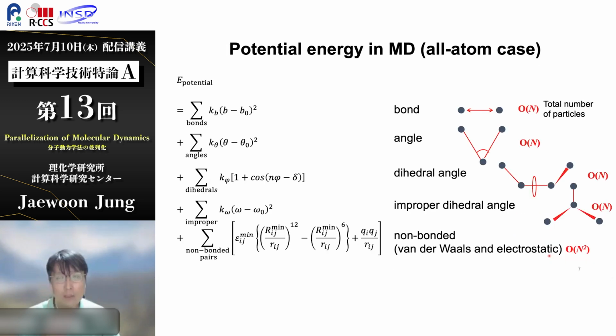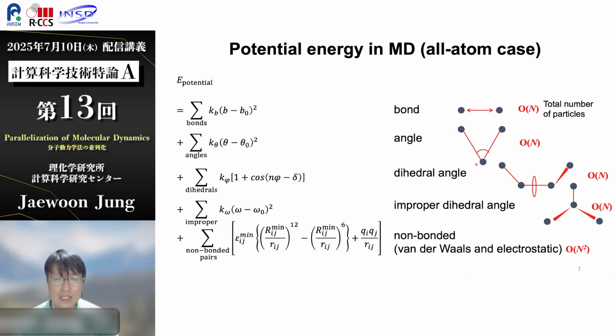In all-atom MD, the potential energy consists of bond, angle, dihedral angle, improper dihedral, and non-bonded interaction terms. Among them, for bond, angle, dihedral, and improper dihedral, the computational cost is just order of N, where N is the total number of particles.